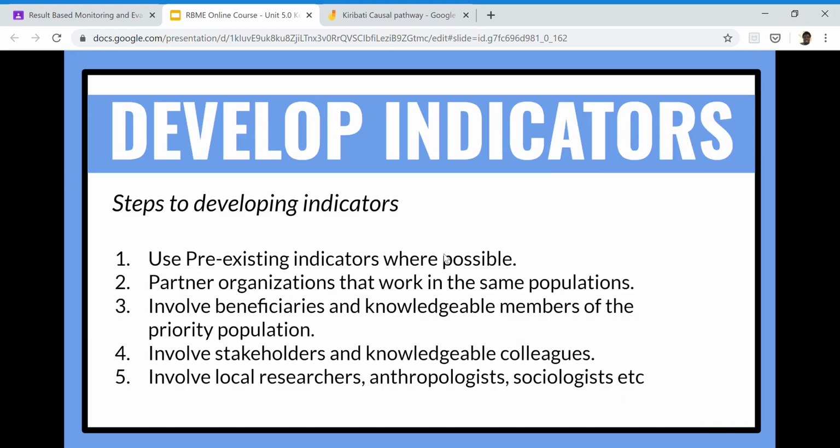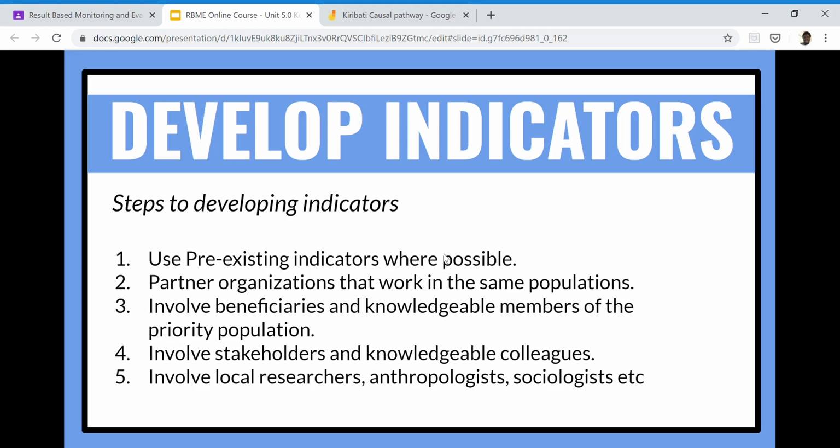But how do we develop indicators? I normally get this question from people: you're an M&E officer, are you supposed to design the indicator and just parachute it to the community that you're implementing the project or the program?